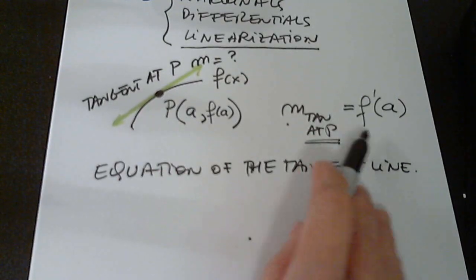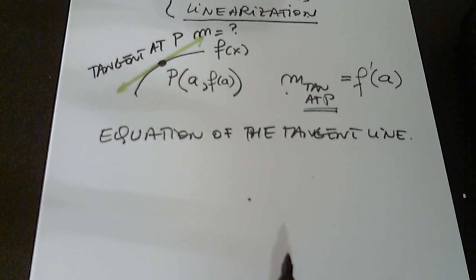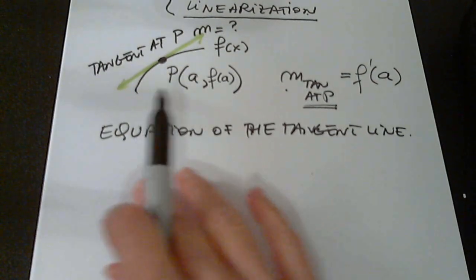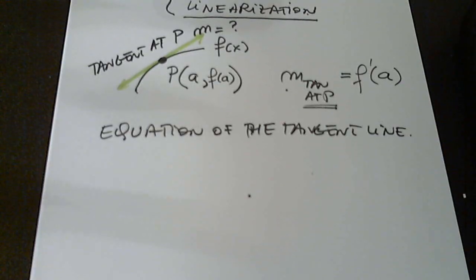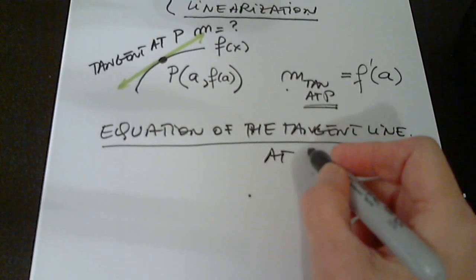I have the point and I have the slope. Which equation do I have to use? Just dictate it and then I'll replace what I need to replace. What equation will I have to use to find the equation of the tangent line at P?